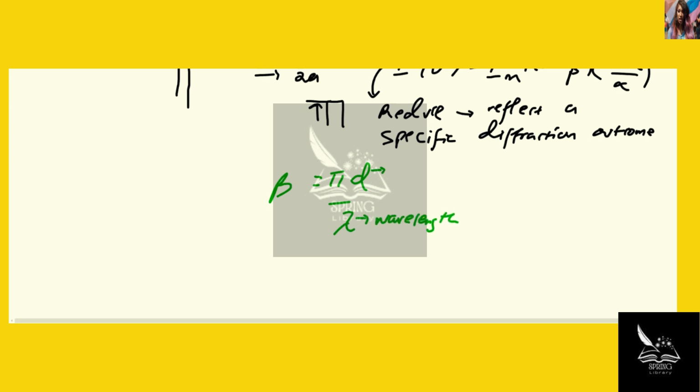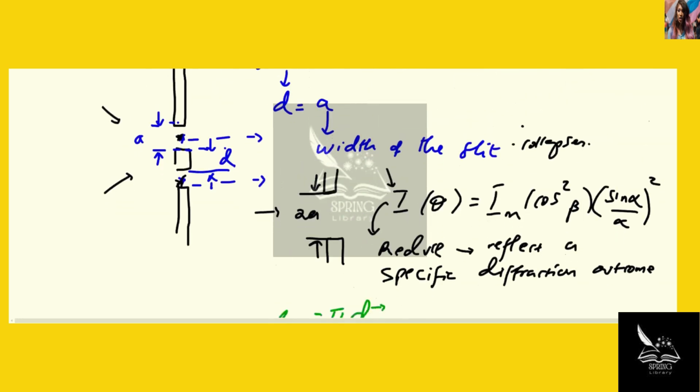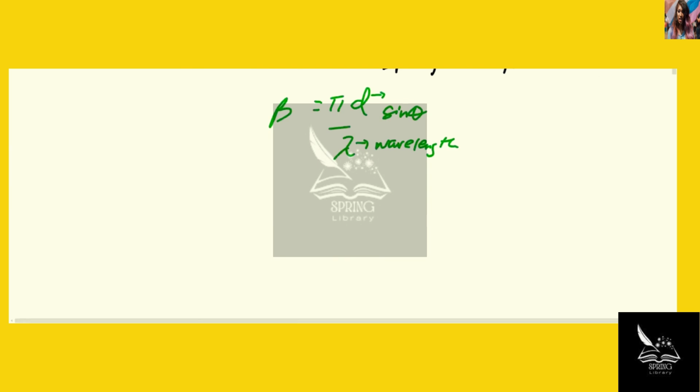Theta is the angle of diffraction. If diffraction happens, this angle is going to be theta. The wavelength that's coming in is lambda, not gamma. And beta is a constant. Alpha is also another constant, and it's given by pi a over lambda sine theta. So that's what's given. We know that d equals A and alpha equals beta.